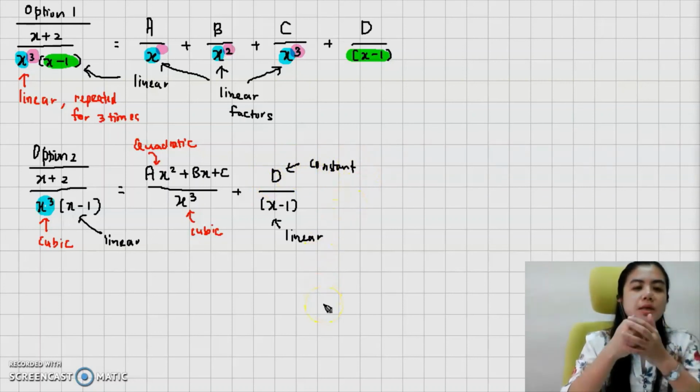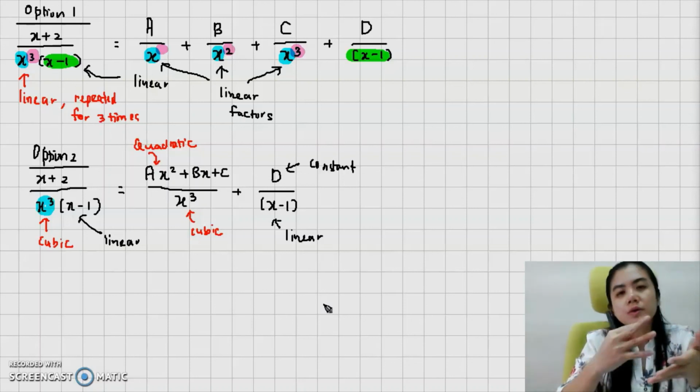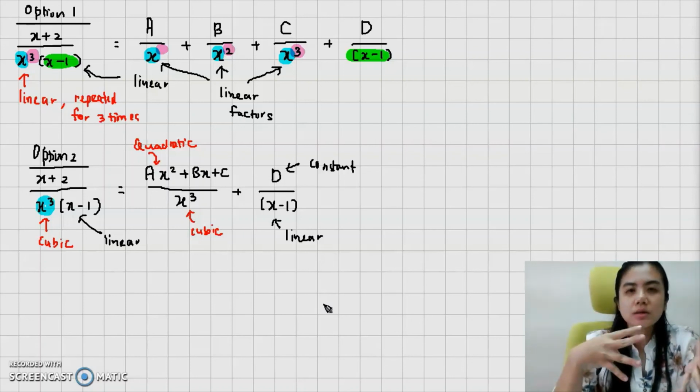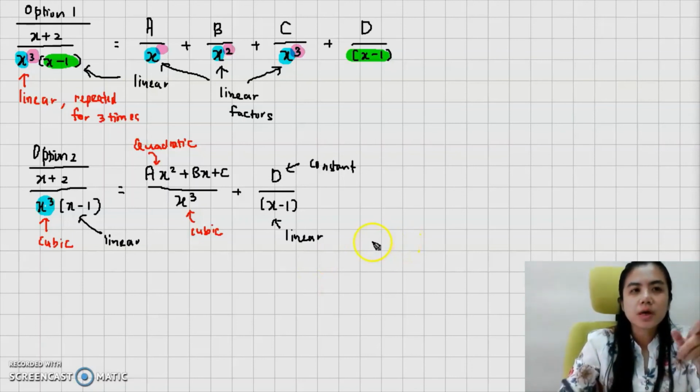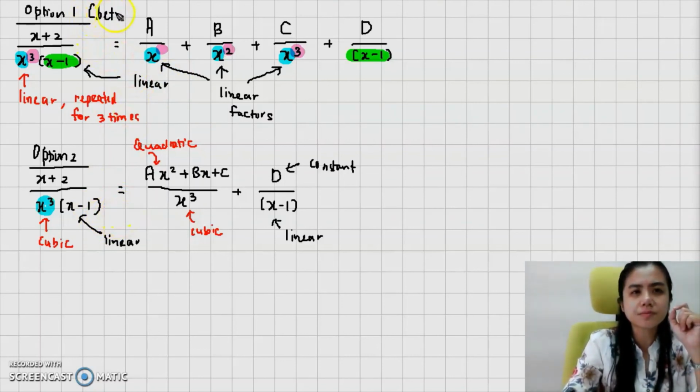Okay, so basically that is the general idea of how to decompose a rational function. Of course we will come across some variations of the question, but the basic idea is roughly here. For this question, because we have two options, I would say that option 1, even though it looks a bit tedious compared to option 2, is a better option.